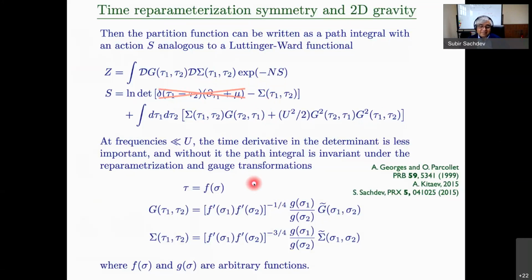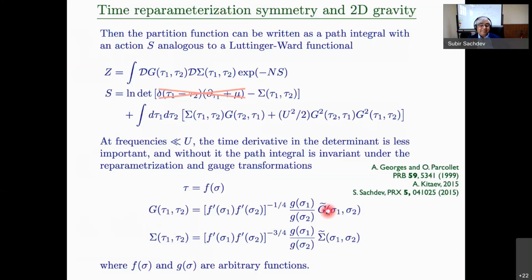Then you can see that there is a very large symmetry here. You can reparameterize time itself. So you have some time sigma, you get a new time tau, and when you express G in terms of G tilde, sigma in terms of sigma tilde, then the action is the same expression in terms of G or G tilde.